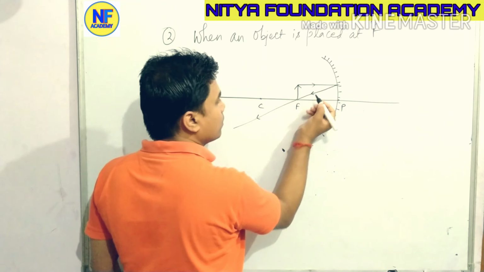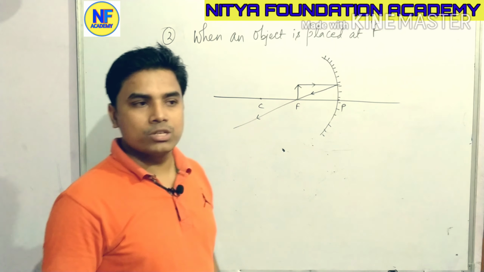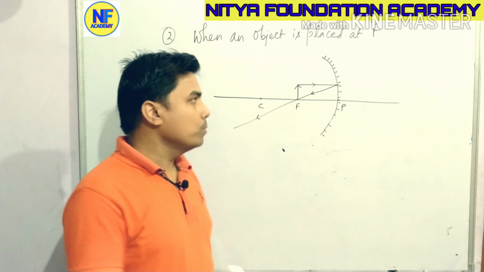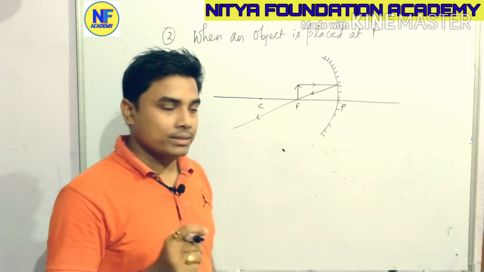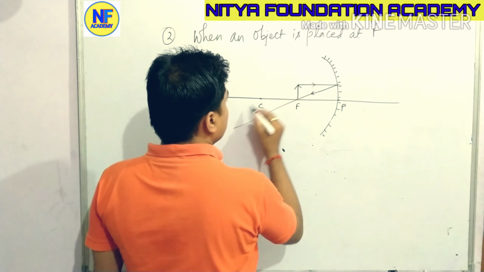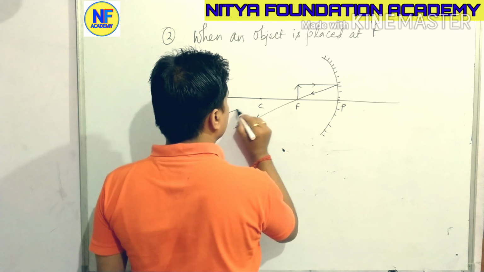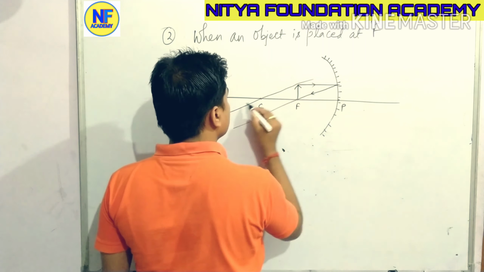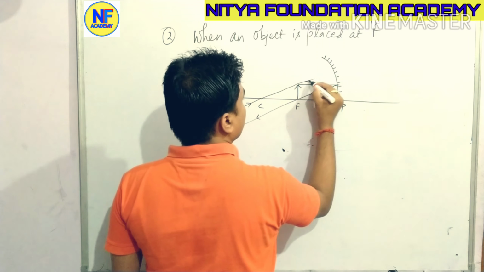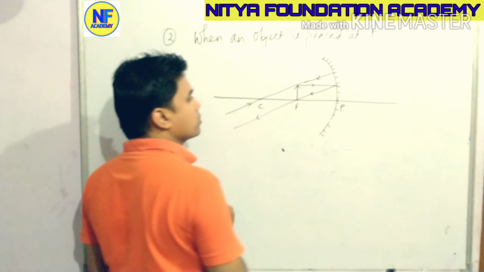In the same way, the another ray which is required here to form the image, when the object is placed at focus, is the ray which moves through C, and then it will come back in the same direction.